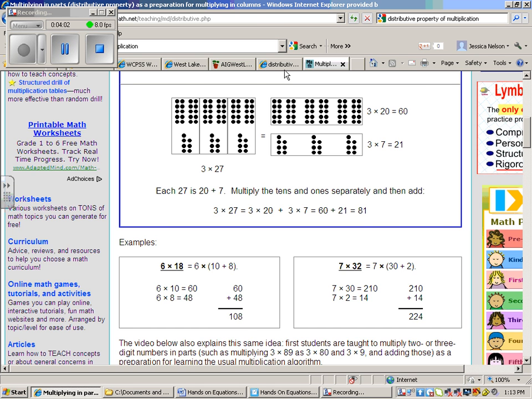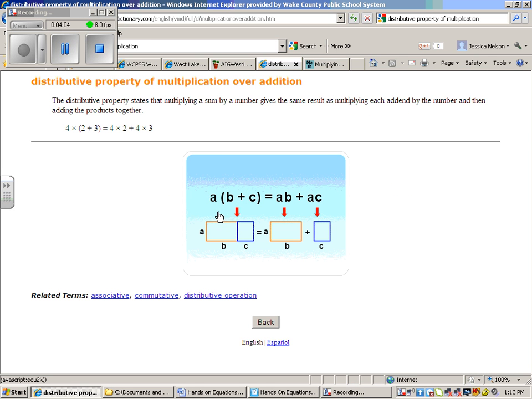Alright, let's look at another example. This is just using variables. No numbers in this one. The distributive property states that multiplying a sum by a number gives the same result as multiplying each addend, and an addend is a number that we add together, by the number and then adding the products together.